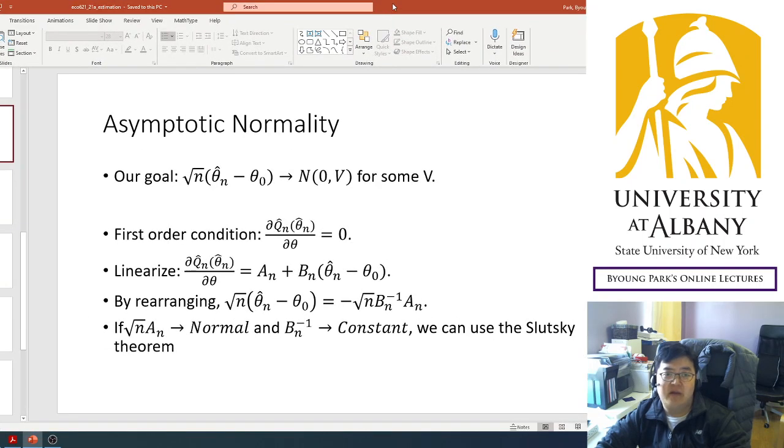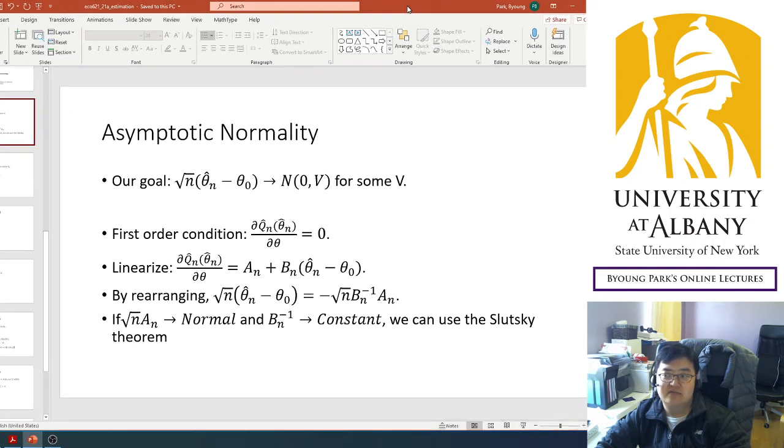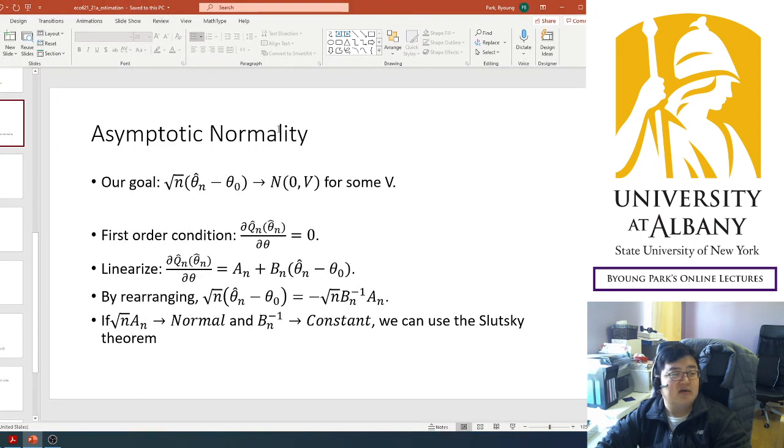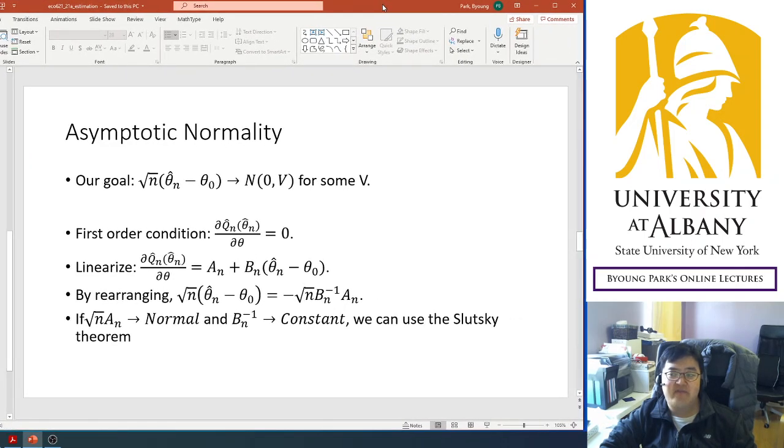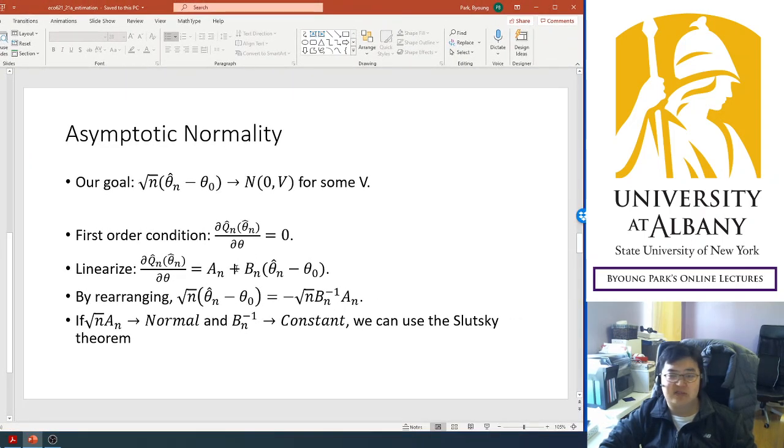So I made a presentation slide, and now what we are going to do is look at each step, like this step, the Taylor expansion, and this, and we will study what kind of assumptions we need to fill the gap. So I will provide the assumptions, and I will explain why we have those results.